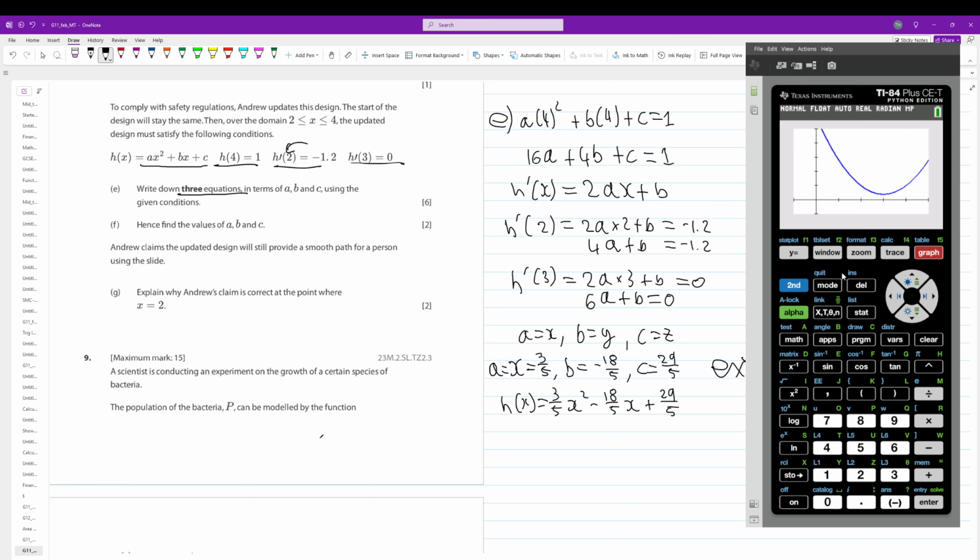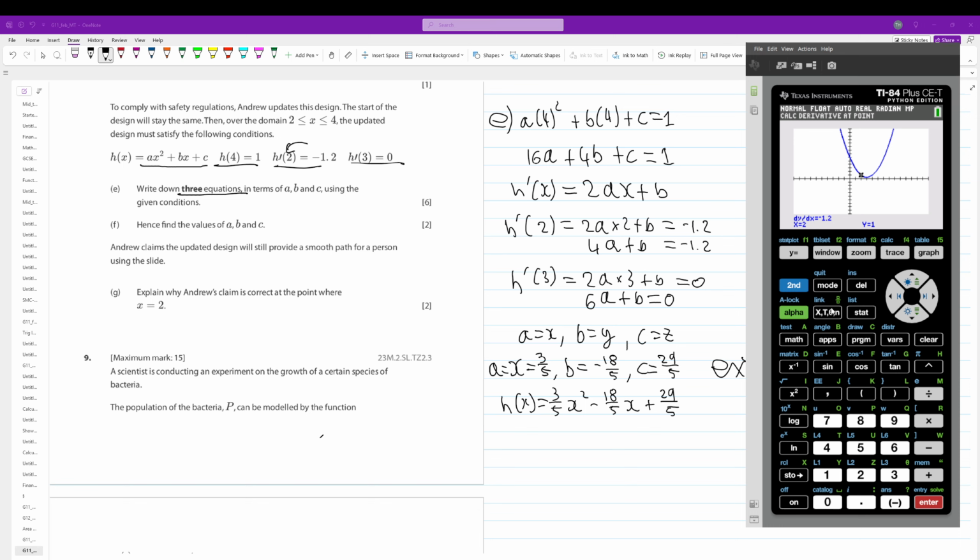It's got the right shape. We're going to zoom out just a little bit. It's definitely got the right shape. I'm going to trace and find out what happens when x is 4. Y is 1, as expected. Good. I'm going to calc dy by dx, and I would like to know what happens when x is 2. Negative 1.2.